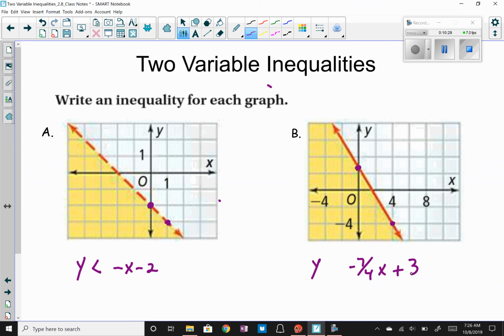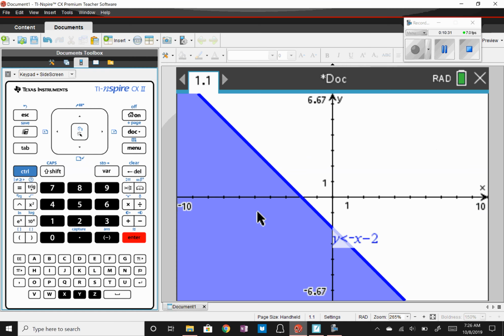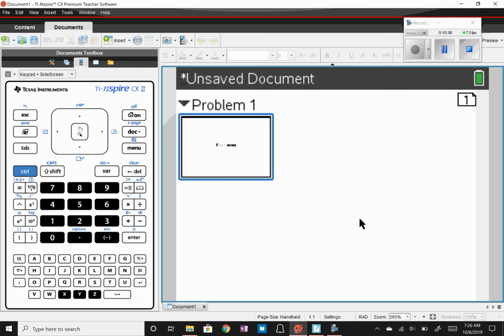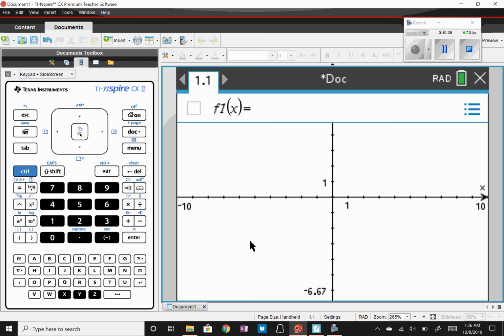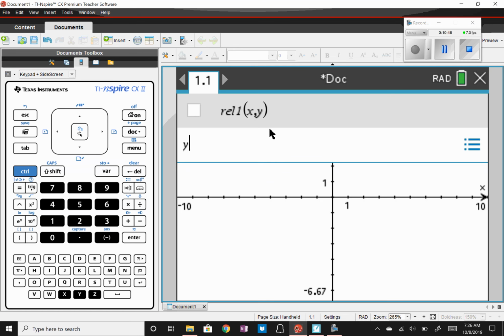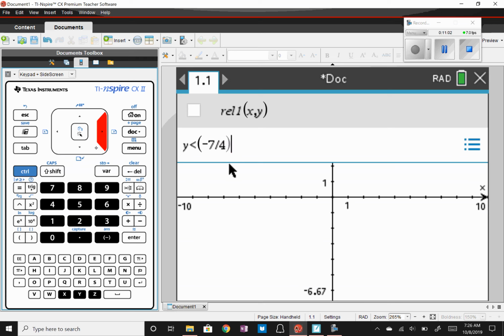So again, we can do the same thing with the calculator. So we could try y is less than, and it was negative 7/4 x plus 3.